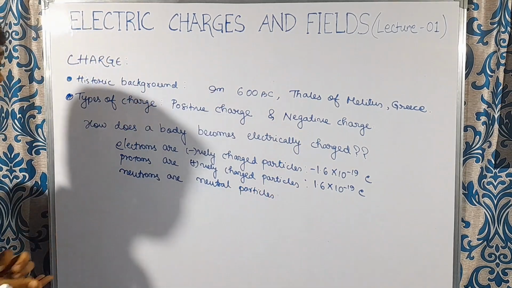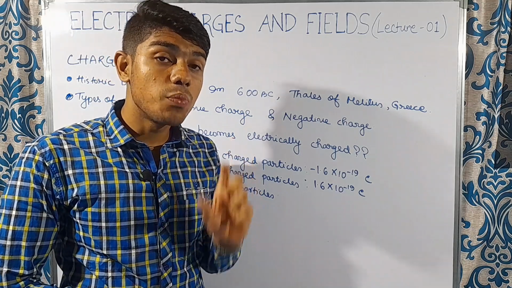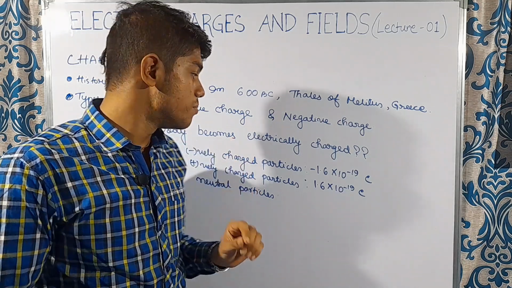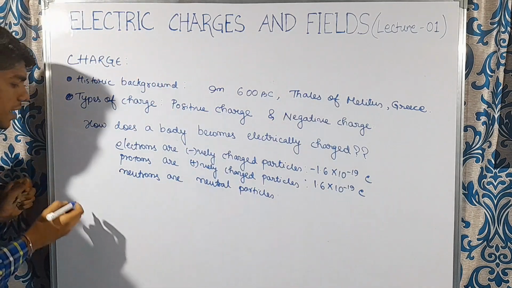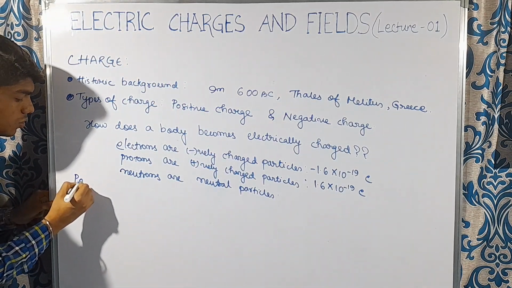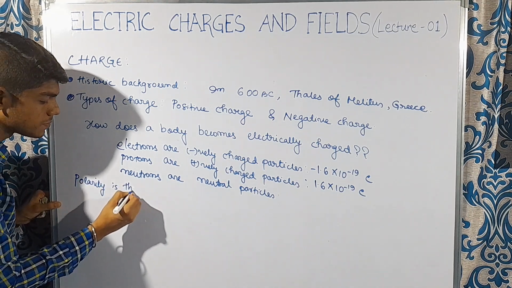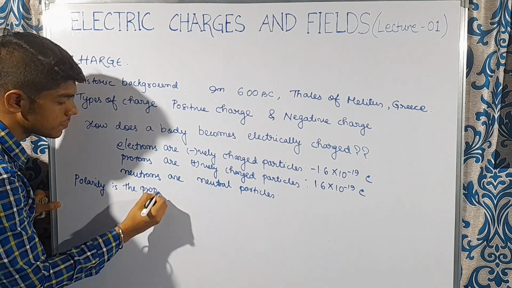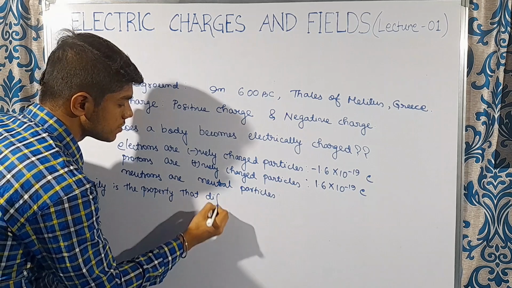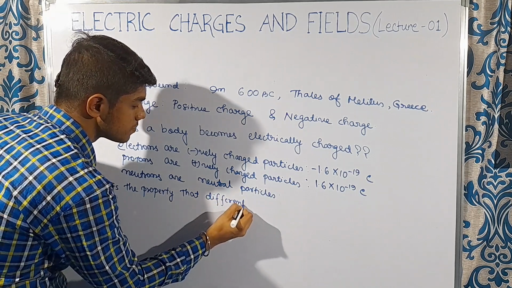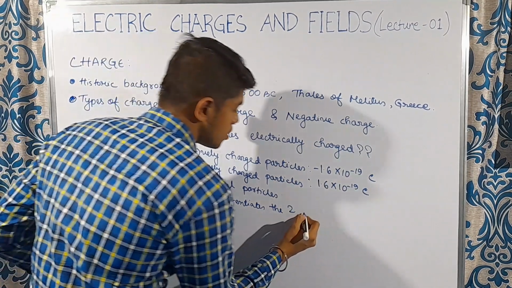Now the property called polarity differentiates between the two types of charges. Let me write what polarity is. Polarity is the property that differentiates the two types of charges.